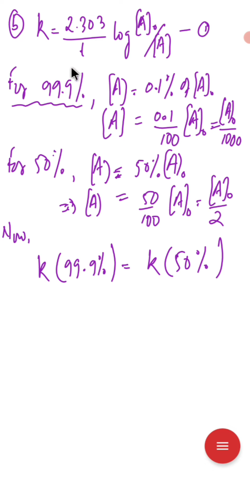So in this relation I just put the values of K at different times and at different concentrations.